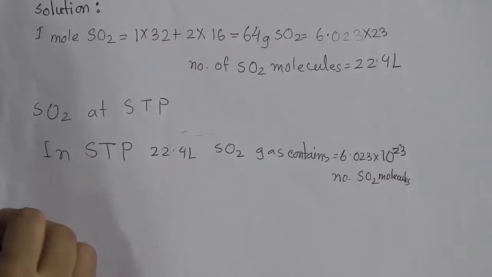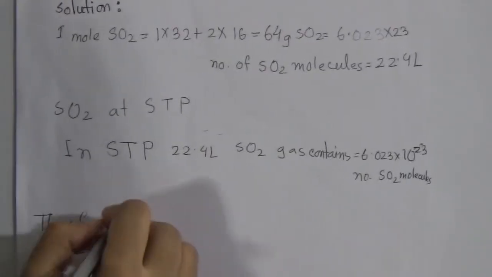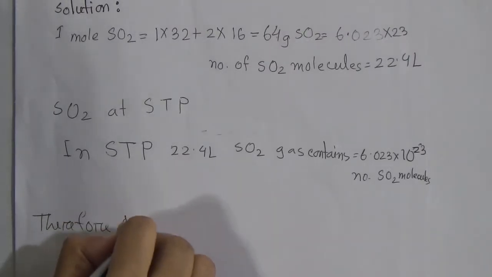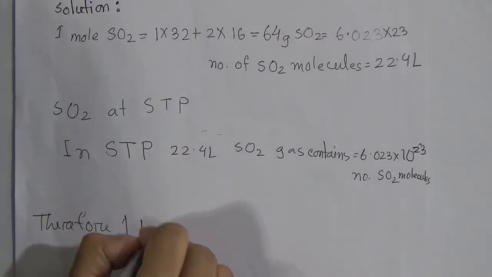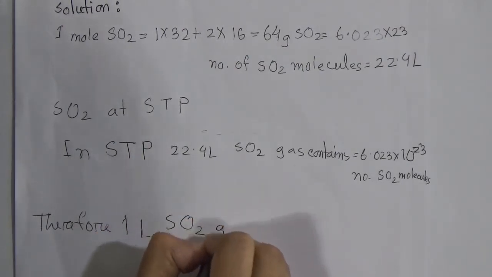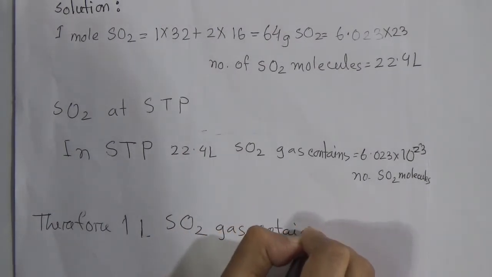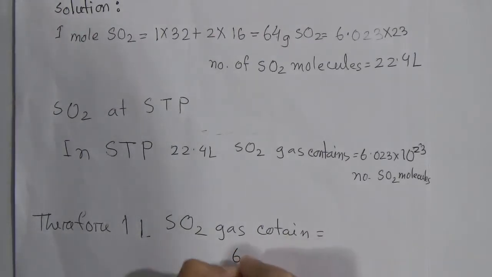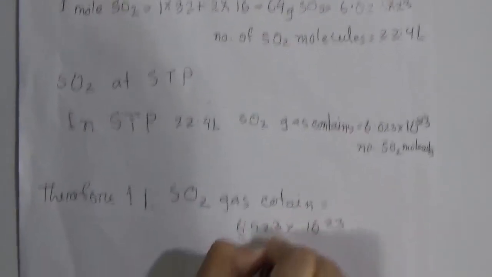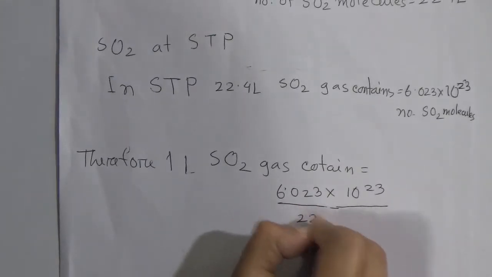Now, therefore, 1 liter sulfur dioxide gas contains 6.023 multiplied by 10 to the power 23 divided by the volume of 1 mole, that means 22.4.